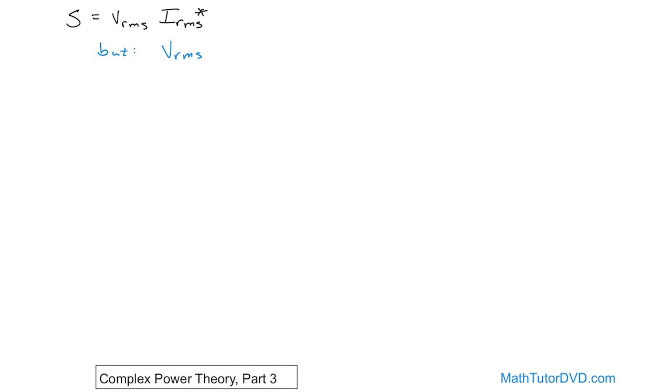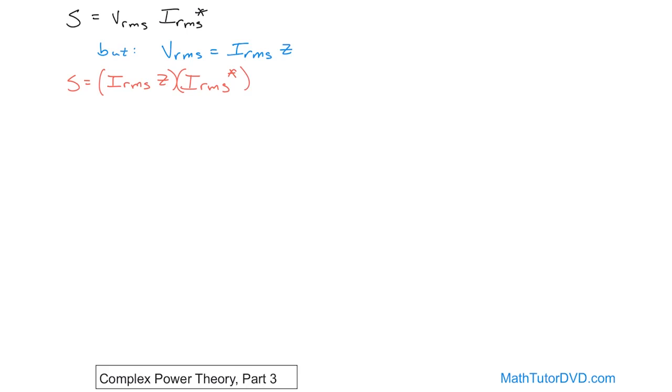V RMS is equal to the current I RMS times whatever impedance you're flowing through. So typically you're trying to find complex power across an element. So there's some impedance here, which is a complex number. So V is equal to IZ. That's something we've been using all the time here. So when we substitute that in, S is equal to, for V RMS, we'll just stick this in, I RMS times the impedance Z, multiplied by I RMS conjugate.